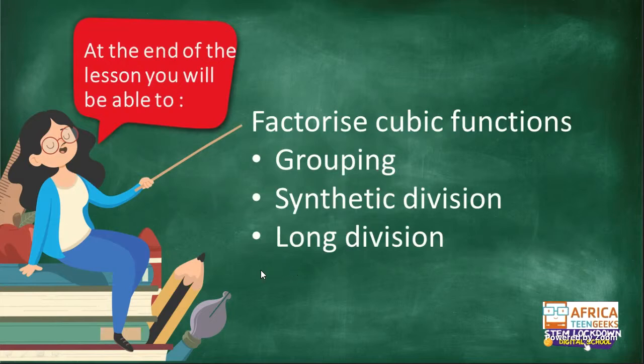So we're just going to go through that today so that it makes it easy for you to find your x-intercepts. We're going to try these three methods. You can use any other method that works, for example, inspection. As long as you find a method that works for you and it's quicker, then you can use it.